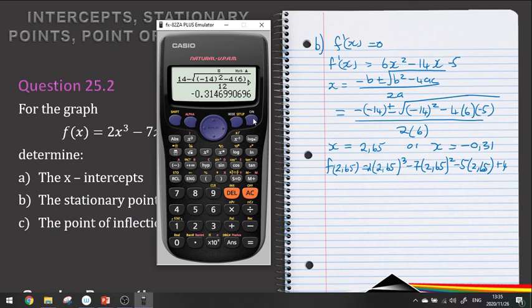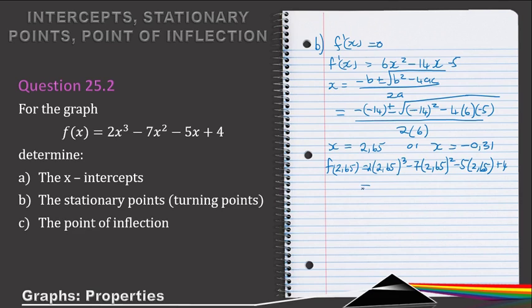Okay, so we have 2 times 2.65 cubed minus 7 times 2.65 squared minus 5 times 2.65 plus 4. And that's equal to negative 21.19.